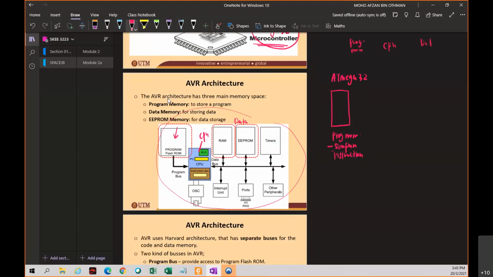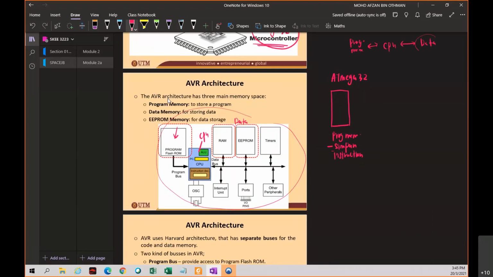So what type of architecture is used for the Atmega32? Harvard or von Neumann architecture? By looking at this, we are using the Harvard architecture.